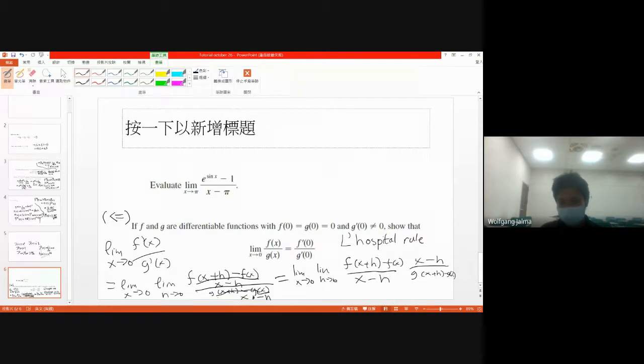So we can see that we can simplify this problem. So it becomes the limit, where I switch between h and x, but that's not a problem because both are approaching 0, right?